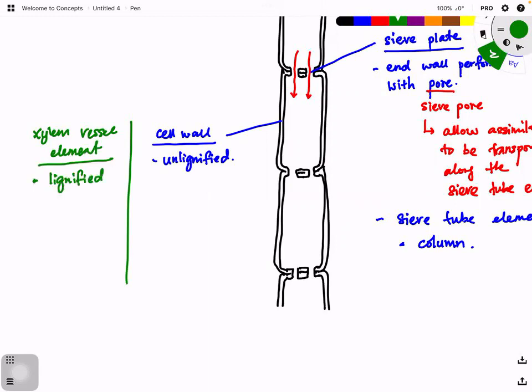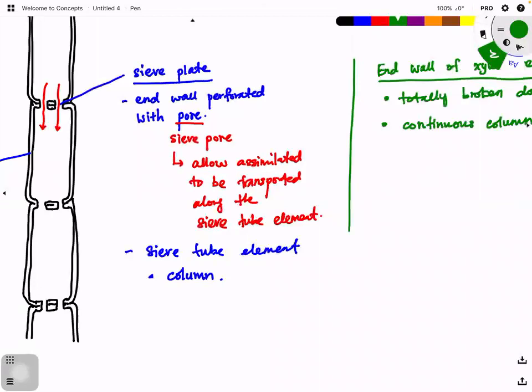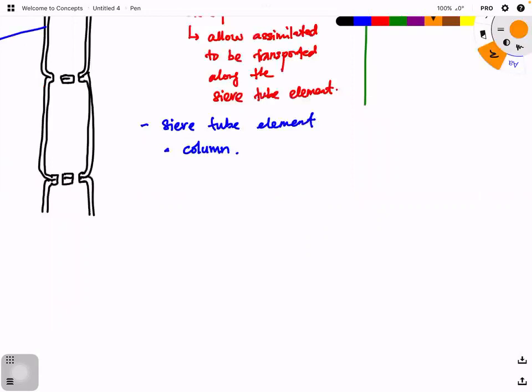The presence of the sieve plate, I put a star here, with the sieve pore, allows the transportation and provides low resistance.